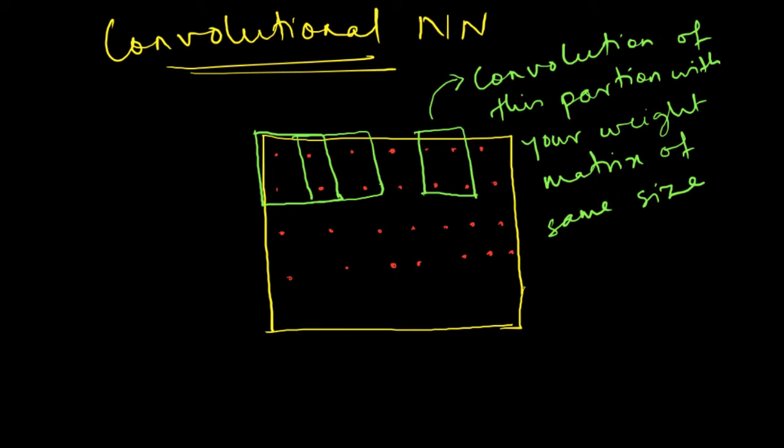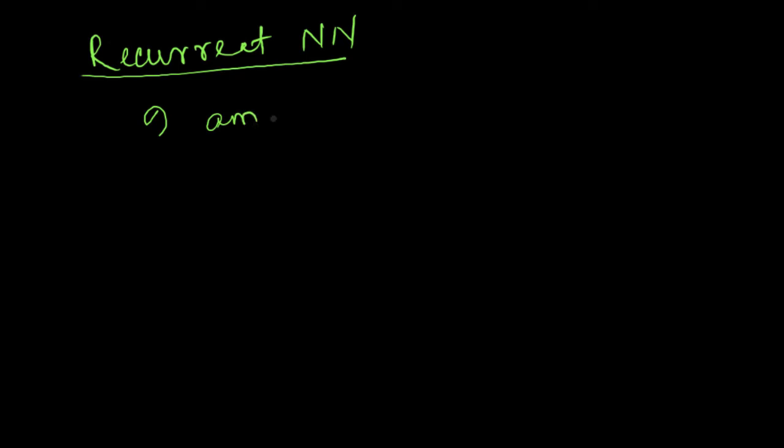RNNs or recurrent neural networks work in a very different manner. When it comes to recurrent neural networks, we are basically talking about temporal data. So let's say if I write, "I am a human being."